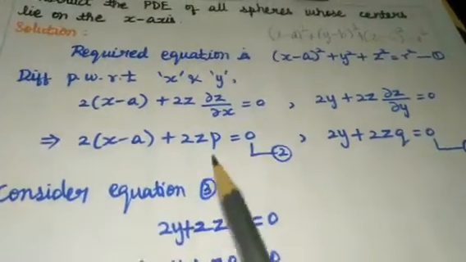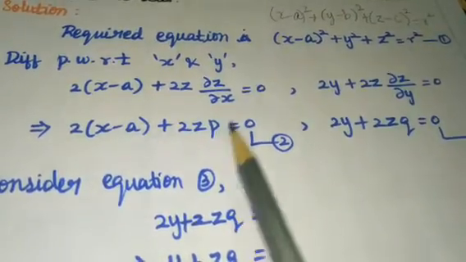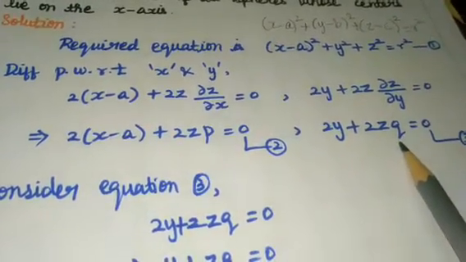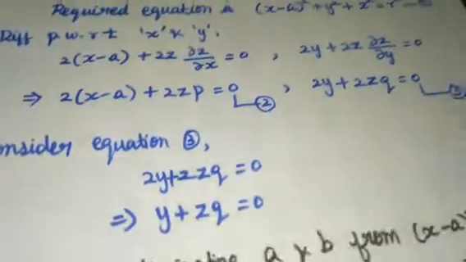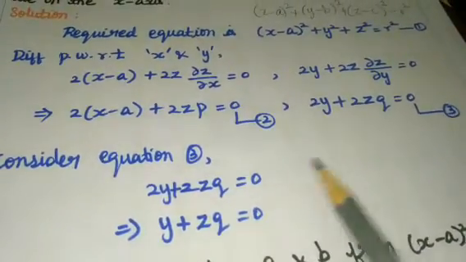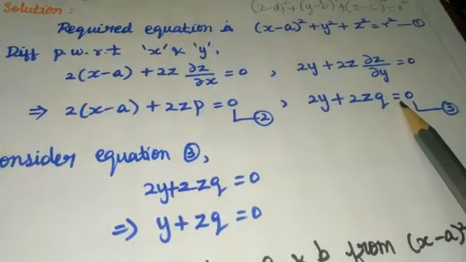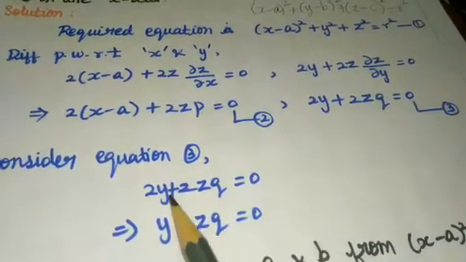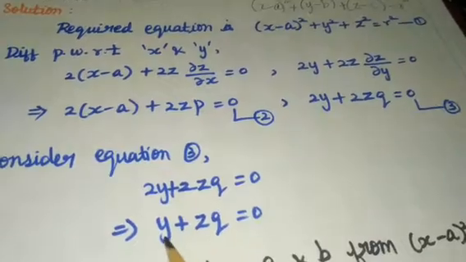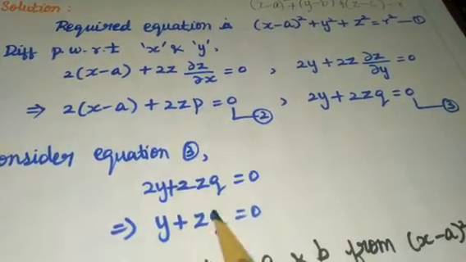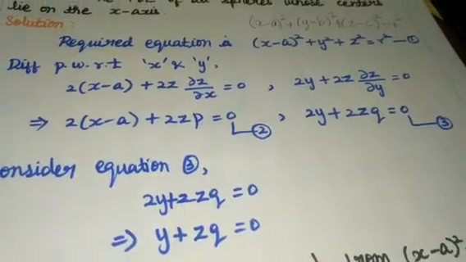So substitute dou z by dou x equal to p and dou z by dou y equal to q in the given equations. From the third equation, we can say 2y plus 2zq equal to 0. Take 2 as common and cancel. So y plus zq equal to 0. This is the required PDE.